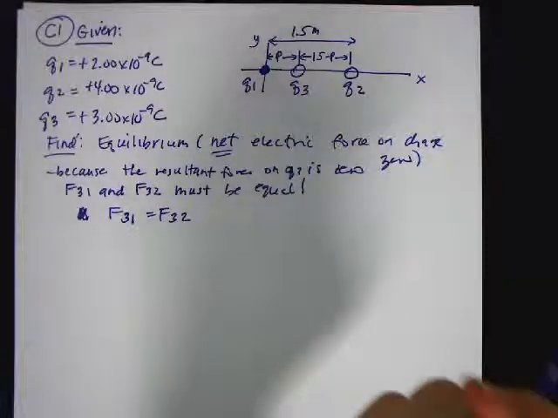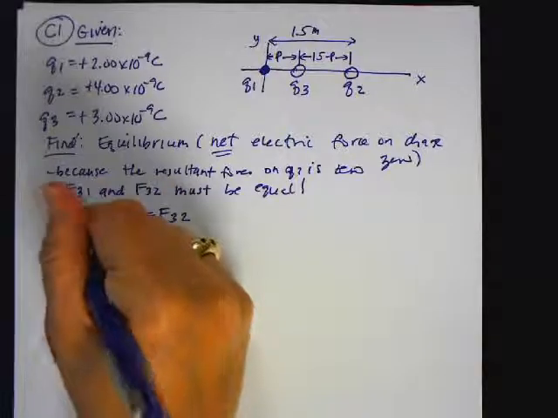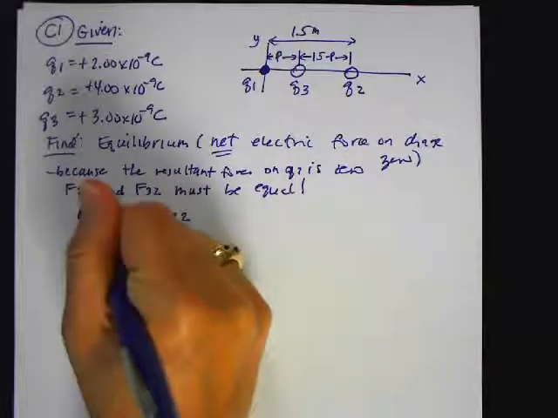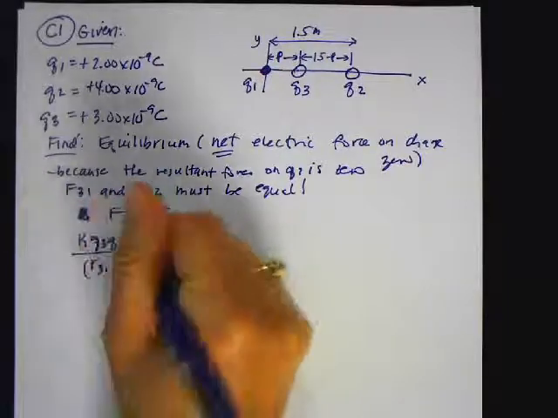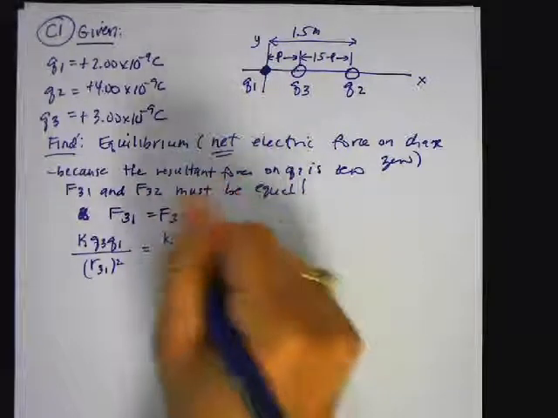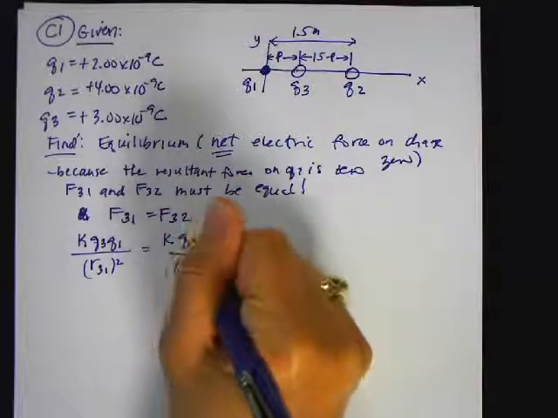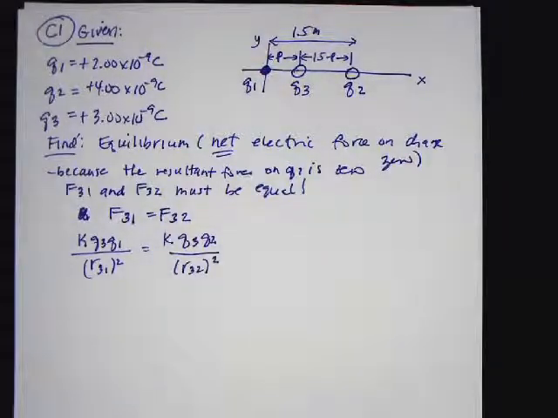Okay? So what is F31? Well, F31, again, Coulomb's law is K, Q3, Q1 over R31 squared is equal to K, Q3, Q2 over R32 squared. So all I did was write the electrostatic force. Now I can start getting rid of stuff.